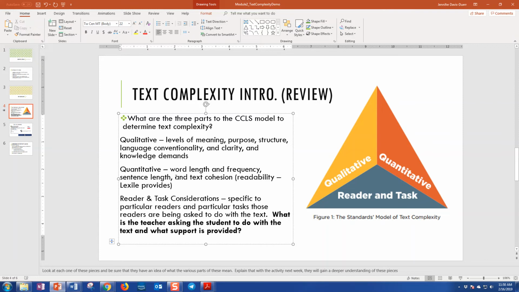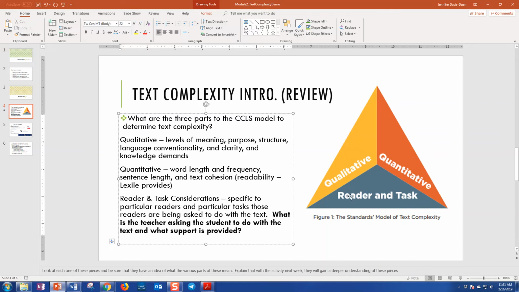The words themselves are put through a computer program that analyzes the word length, the frequency, or how many times the same words are repeated in a particular text, the sentence length and the text cohesion, which has a lot to do with grammar, but from a computer standpoint.